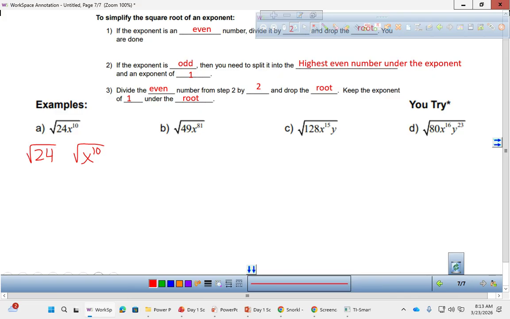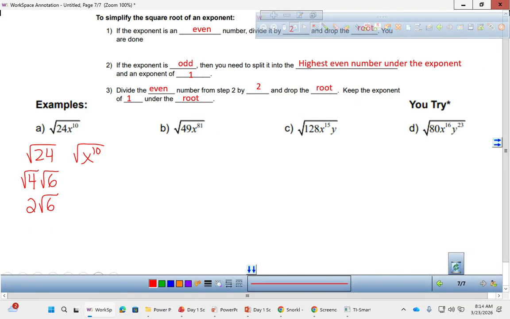You just did the square root of 24 when you worked with a partner, okay? We talked about how 24 divides into 4 and that the number next to it was 6. And we ended up with 2 root 6, all right? You just did that one. Now, if you're working with a variable, the first thing you're going to do is see if the exponent is even.